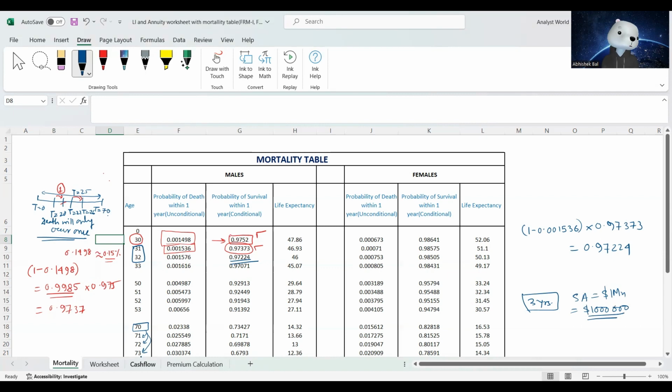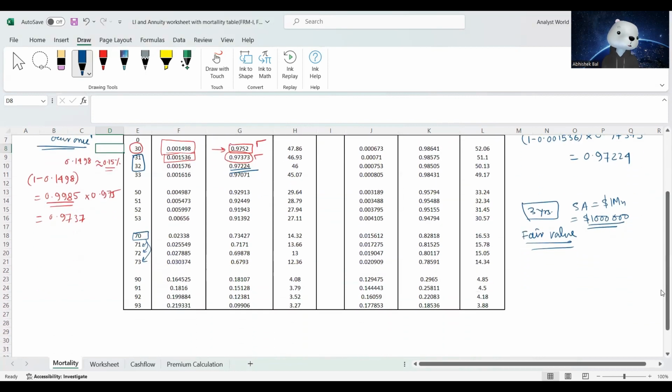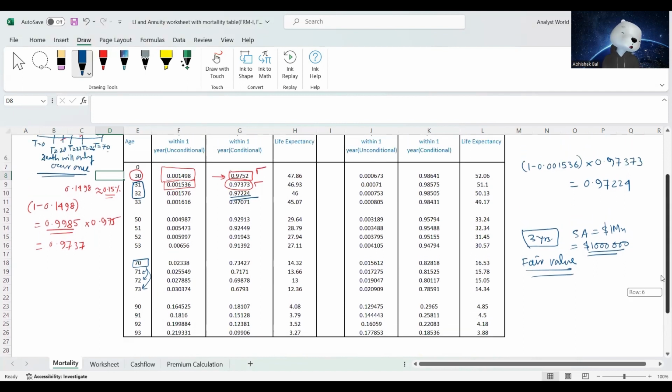Okay, now with this understanding, let's calculate what should be the fair value of the premium. If you were an insurance company, how would you price this particular product? Obviously, if you study this mortality table a little bit more minutely, you will see that the probability that the person would actually die in the next 1 year increases as the person ages, which is but natural, right?